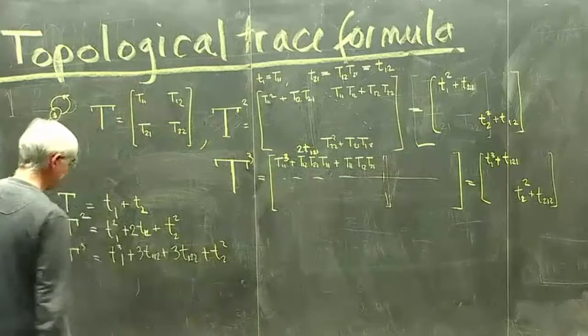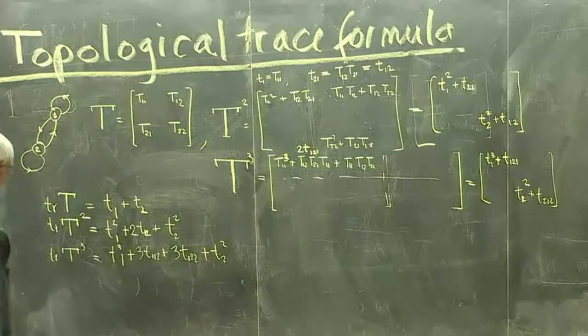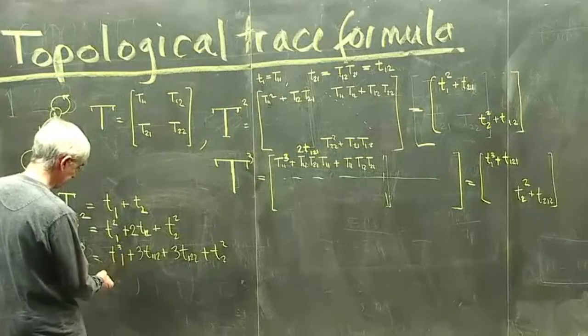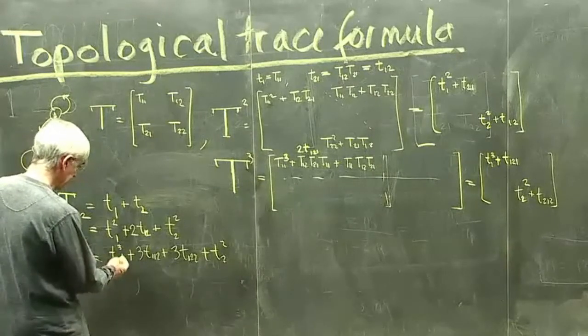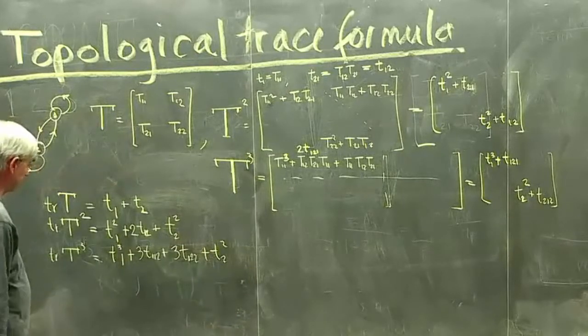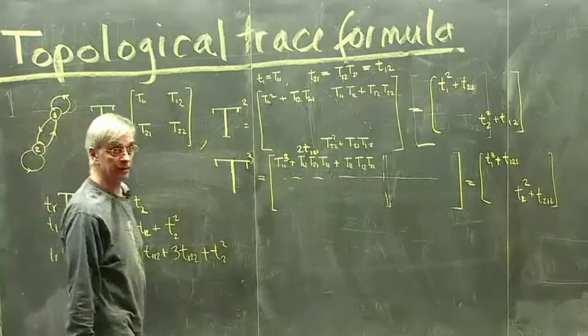And you see the very simple structure. The trace is all possible walks of length 2, of length 3, which are recurrent, which come back to the same point, so they're periodic.